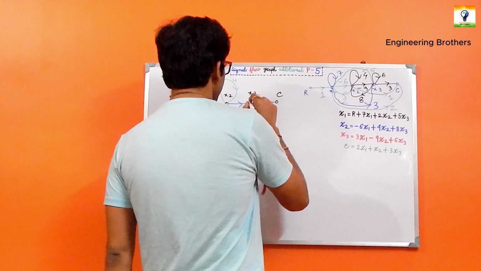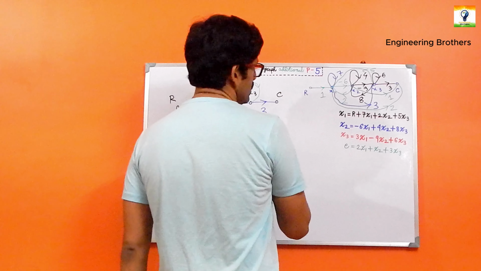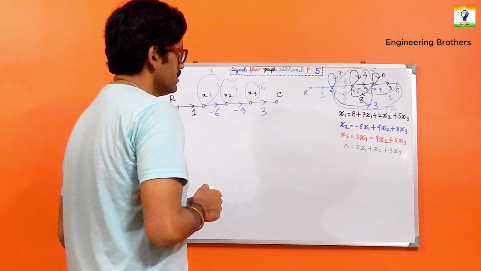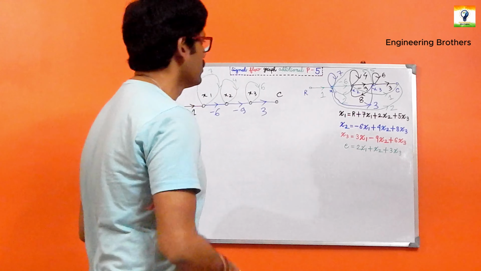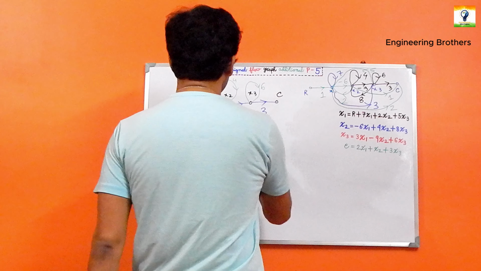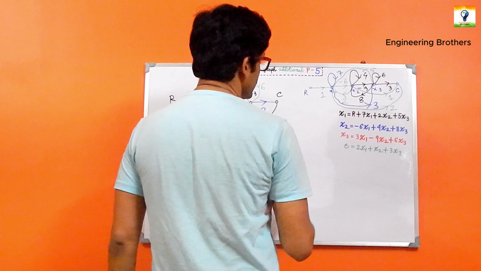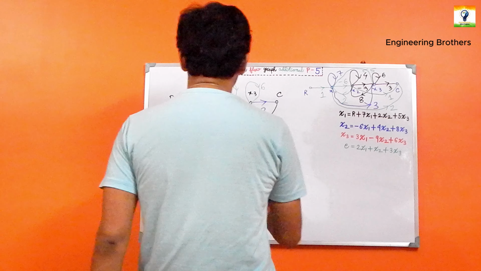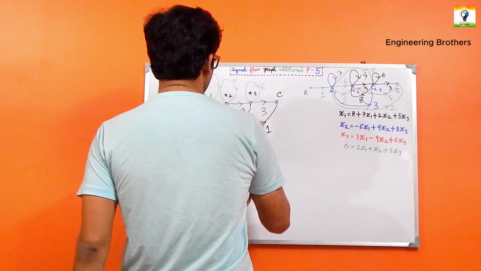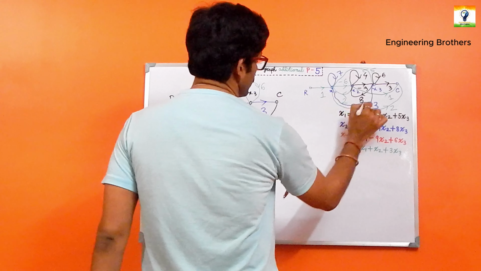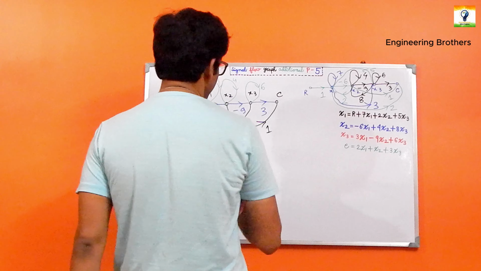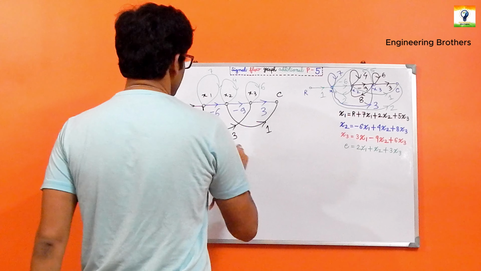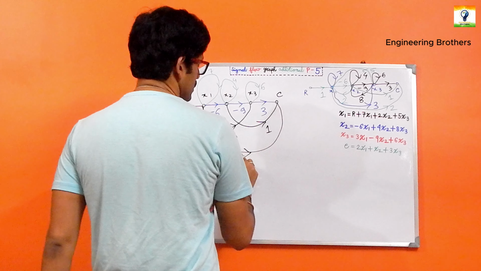And for x3, the self loop gain is 6. Now we do require to consider x2 to C. From x2 to C, we have got the gain as 1. In between our x1 and x3, we have got the gain as 3. In between our x1 and C, we have got the gain as 2.